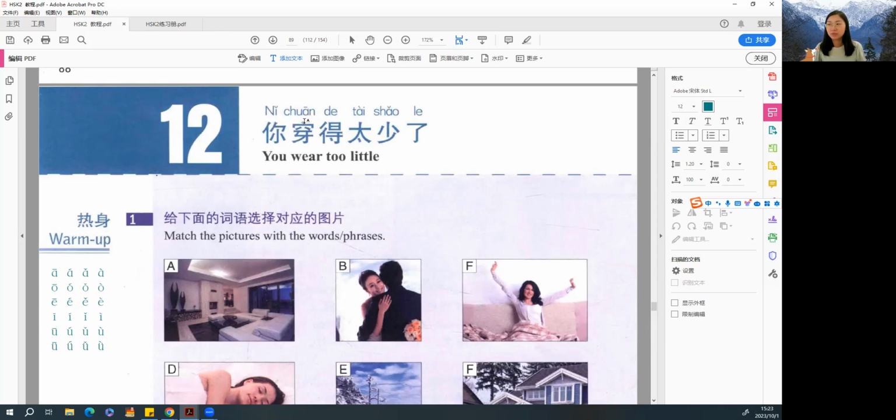你穿的太少了，你穿的太少了。穿 is wear, 太少了 is too little.